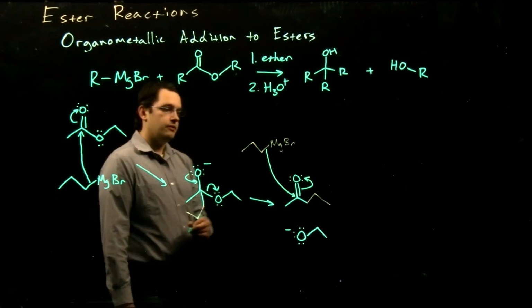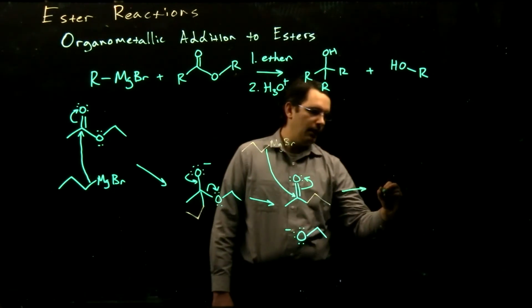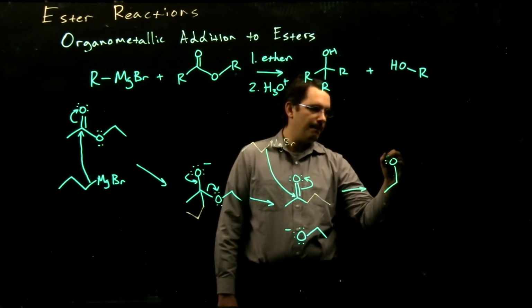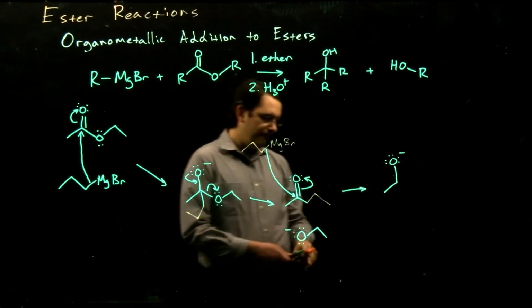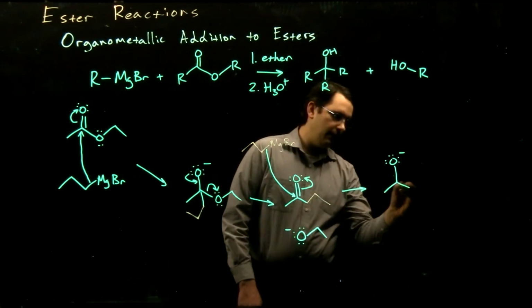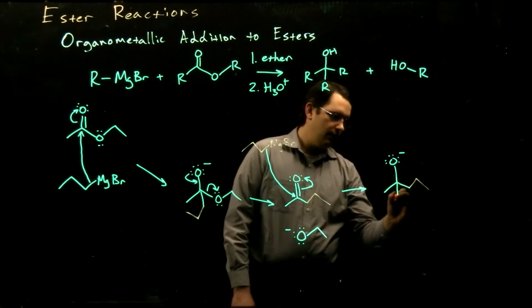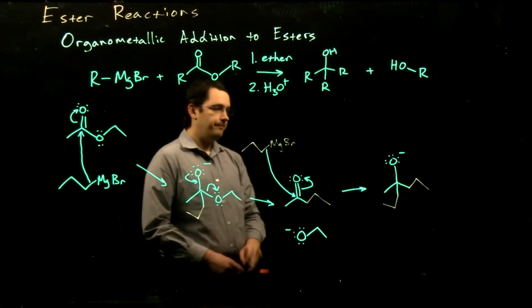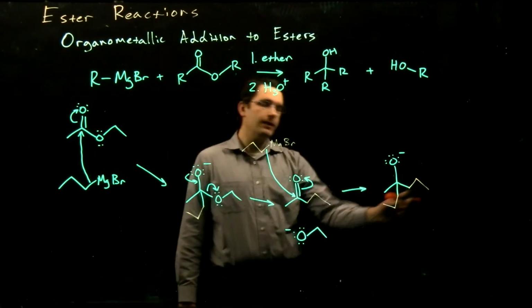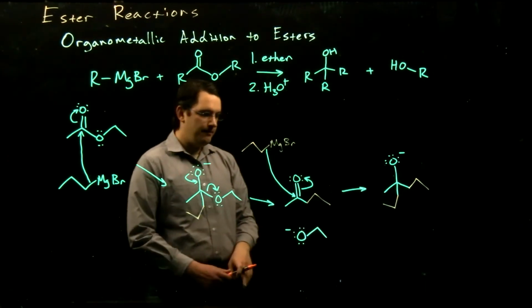So we attack that electrophilic carbon, move the electrons up to our oxygen, and we create our alkoxide here with, of course, our new bonds to our 3 carbon chains from our organometallic compound. So we've added on 2 3-carbon chains to our original 2 carbons of our ester.